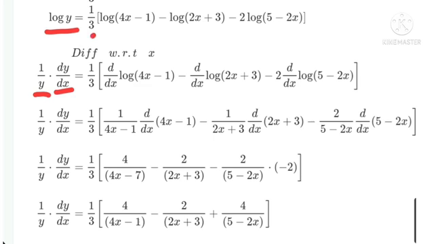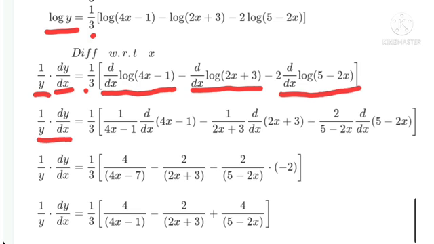Then 1/3, the constant term, as it is. d/dx, give the derivative to each term in this bracket: d/dx of log (4x - 1) minus d/dx of log (2x + 3) minus 2 common, d/dx of log (5 - 2x).